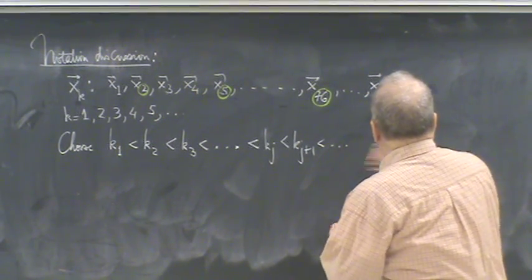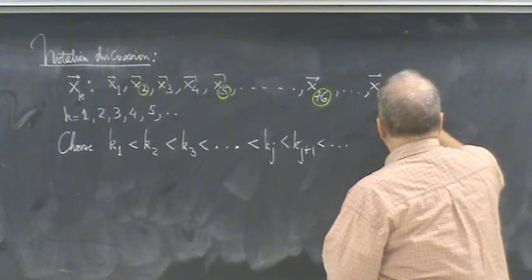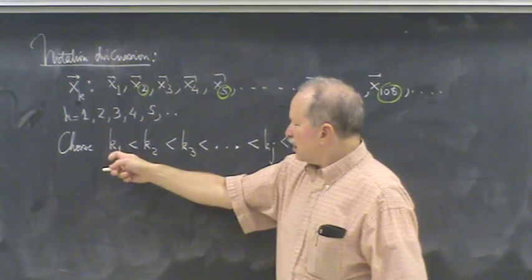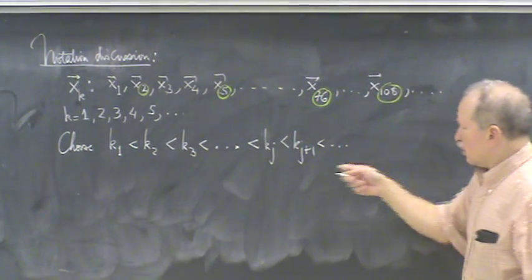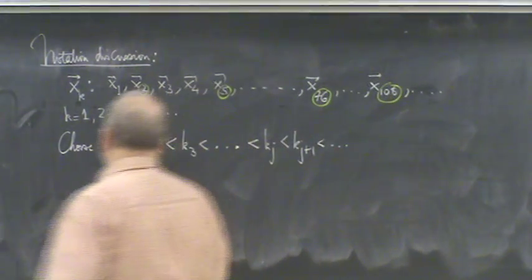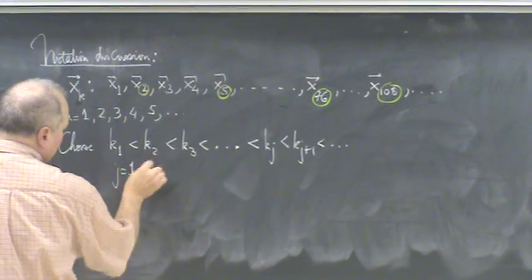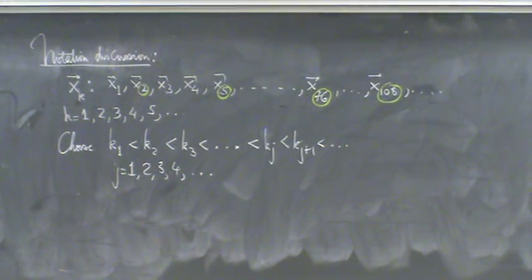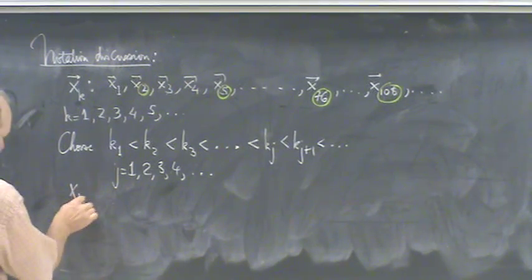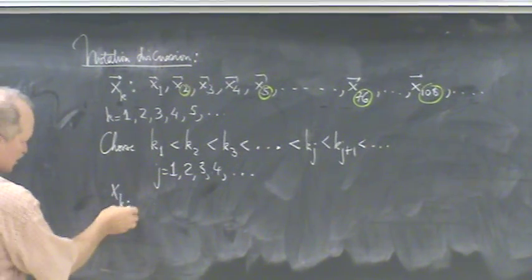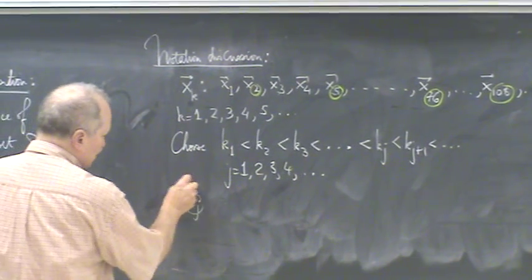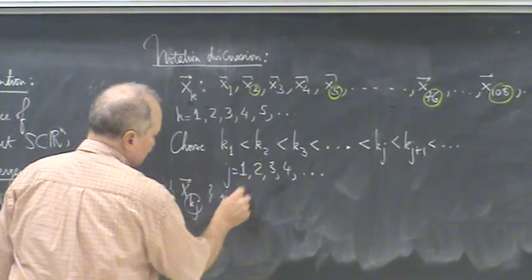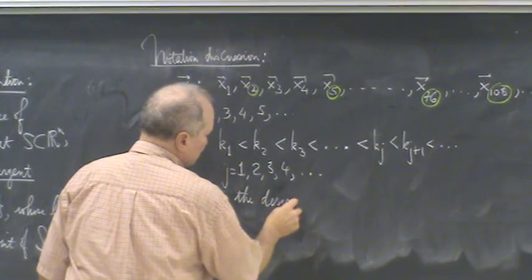Maybe that's your fourth one, and so forth. So you're just choosing positive integers that keep getting bigger. Again, though, one for each counting number, one for each natural number. And that is a subsequence. So then, using the particular integers you've chosen, this is your subsequence.